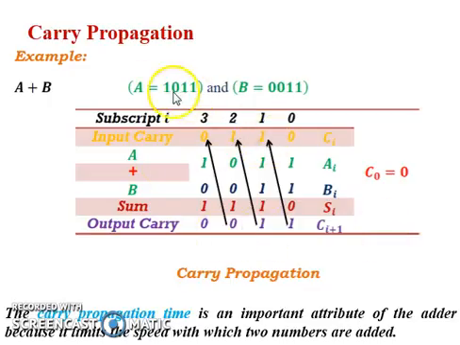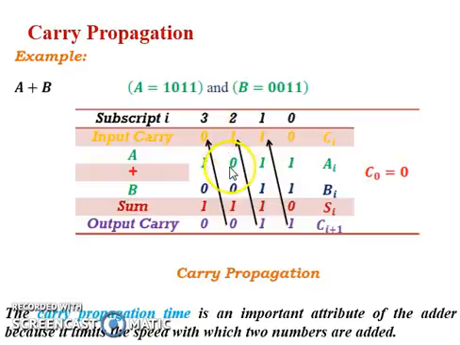Now here is an example. Let us take the two numbers A and B, where A is this one and B is this one, and let us add them. Starting with the rightmost, 1 plus 1, the answer will be 0 and carry will be 1, which will propagate to the next stage. For the next stage, the summation of 1 plus 1 plus 1 will be there, whose sum is 1 and carry is also 1, which will propagate to the next stage.